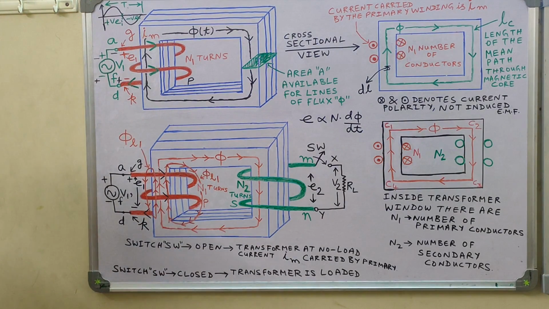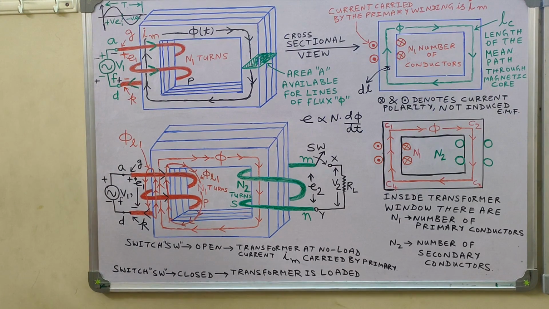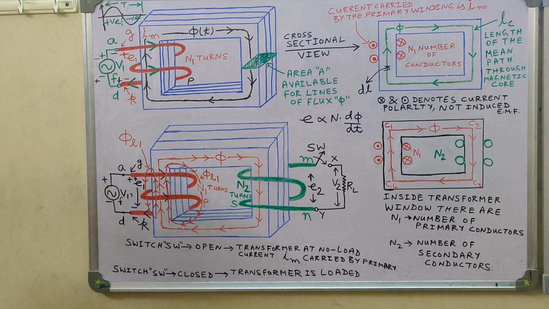There is one more aspect to this leakage flux. From the point of view of transfer of energy from primary circuit to secondary circuit, what is needed? We know that a transformer is an electromagnetic device which is capable of transferring electrical energy from one circuit to another circuit through the medium of magnetic flux and without changing frequency.